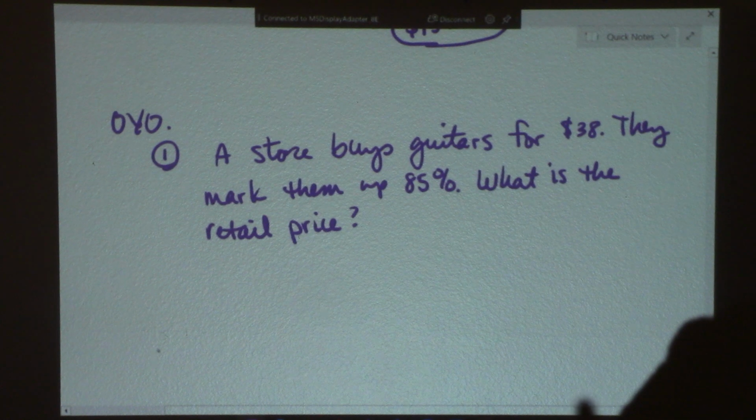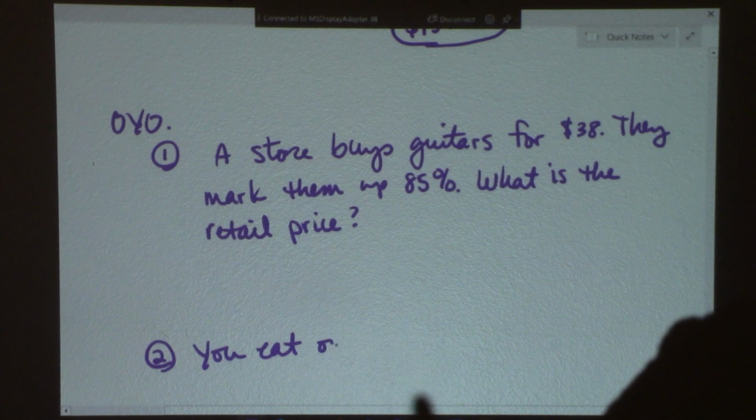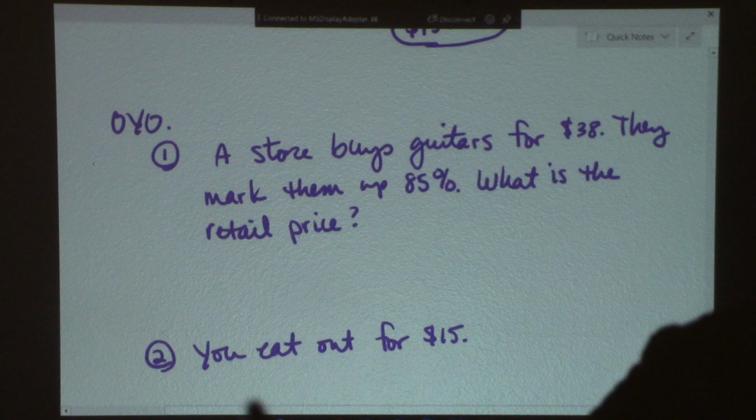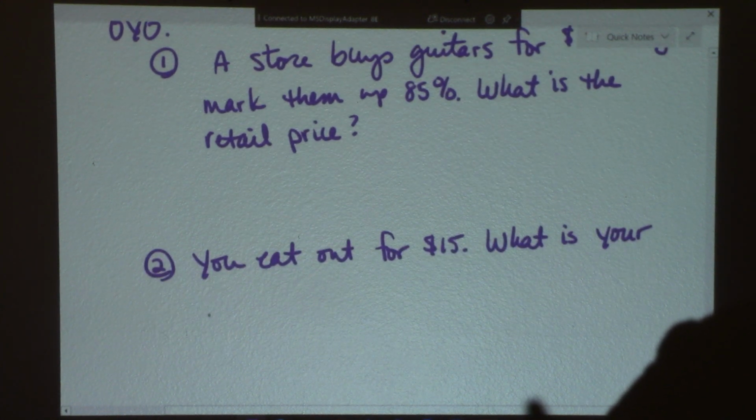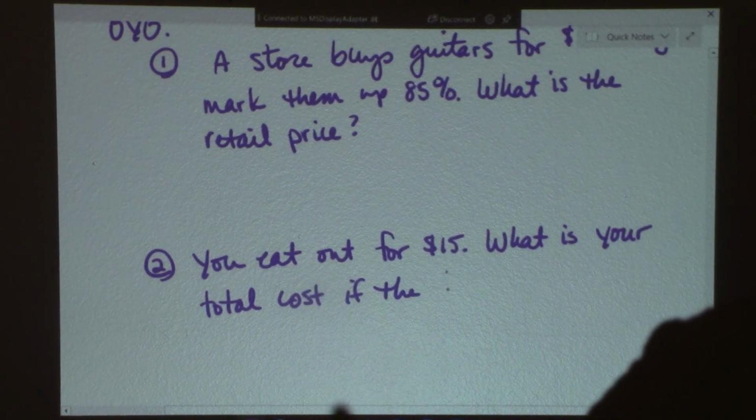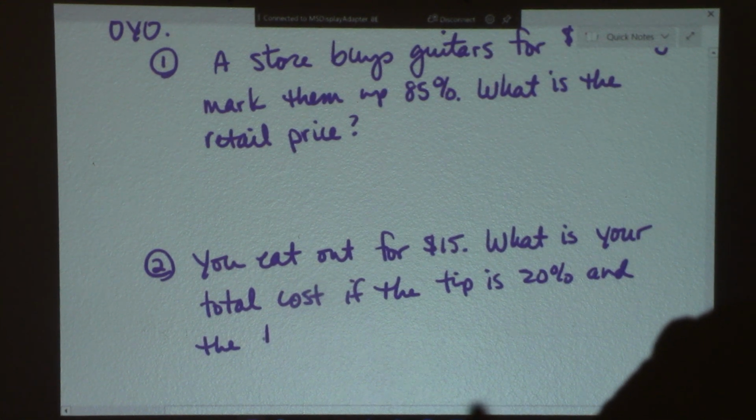And number 2, you eat out for $15. What is your total cost if the tip is 20% and the tax is 5%.